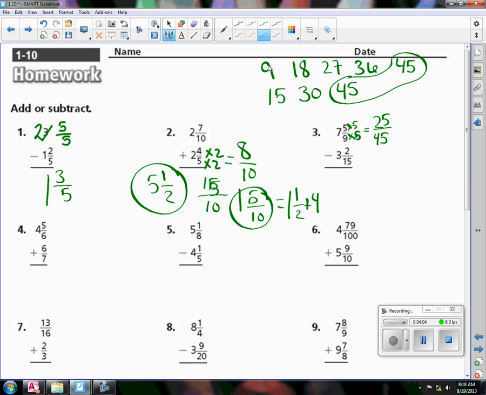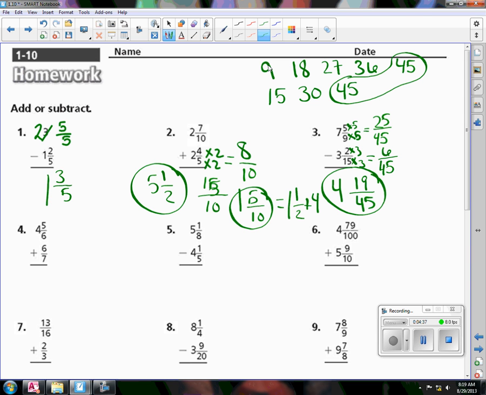Multiply these by 3, right? 15 times 3 is 45, and 2 times 3 is 6. 25 now minus 6 is 19/45. And 7 minus 3 is 4. So there's my answer. Okay, so just making sure I've got those common denominators as I work through.